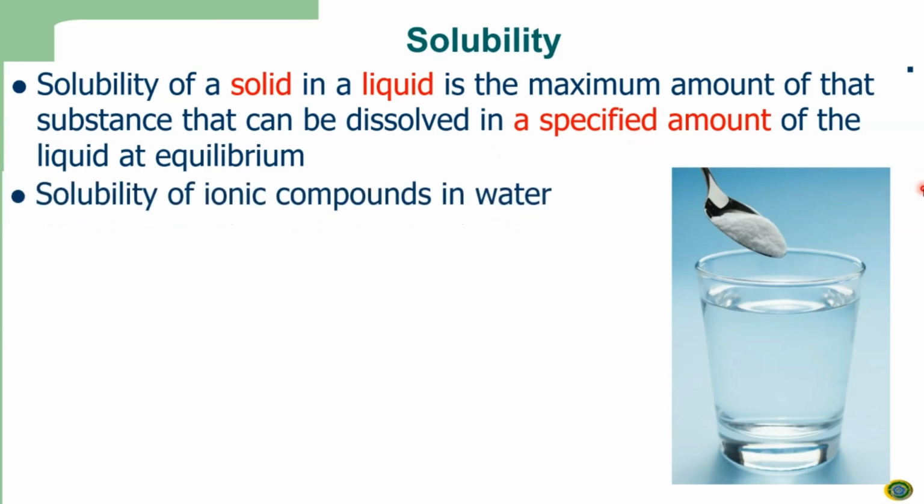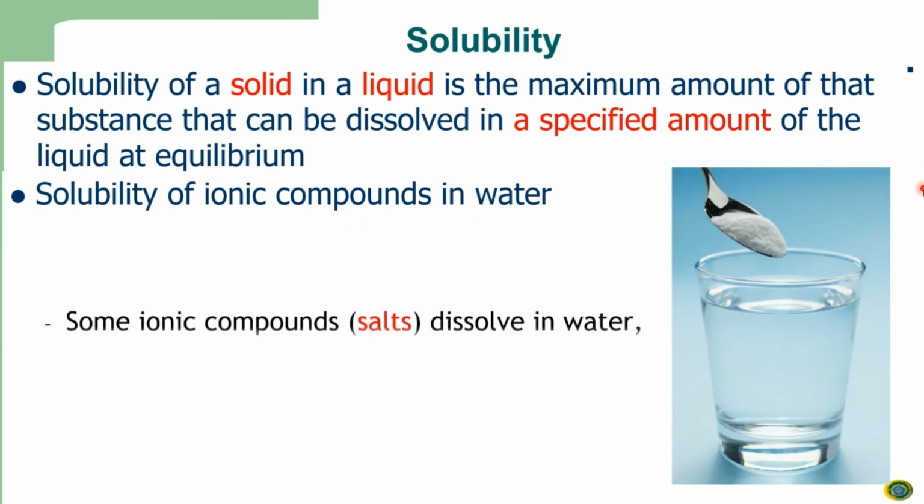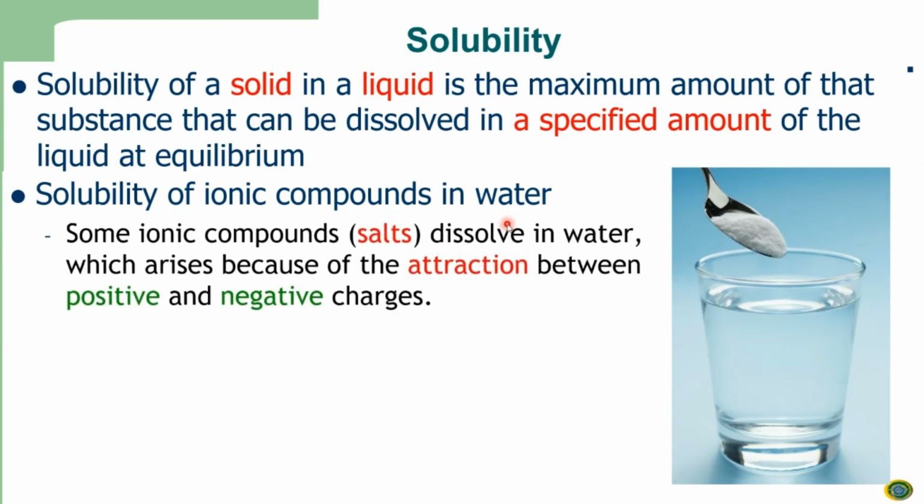So the solubility of an ionic compound in water: if you put a salt like NaCl, NaCl will dissociate and become sodium cation and chloride anion, right? This arises because of the attraction between positive and negative charges. So for example, if silver chloride dissolves in water, it becomes silver cation and chloride anion, right?